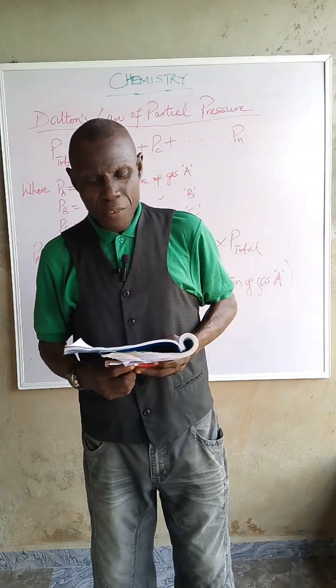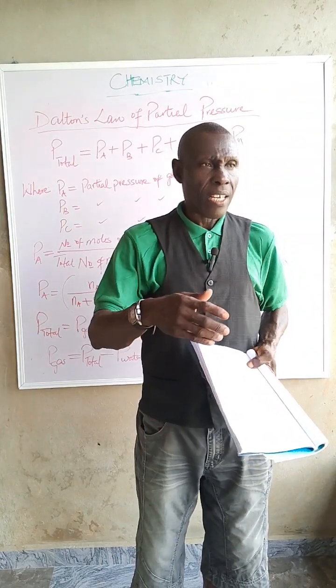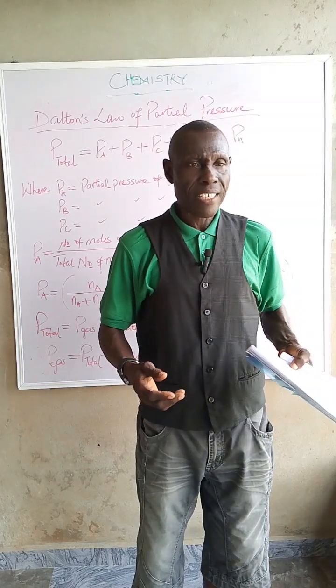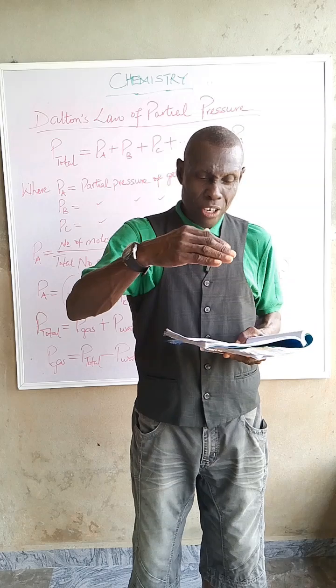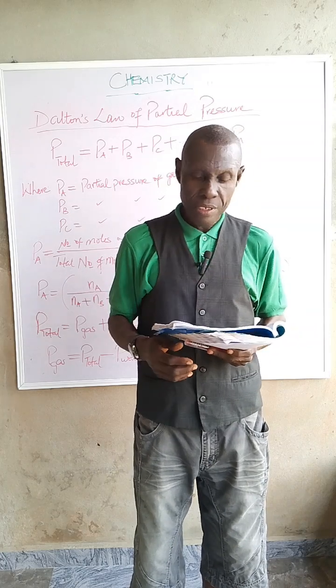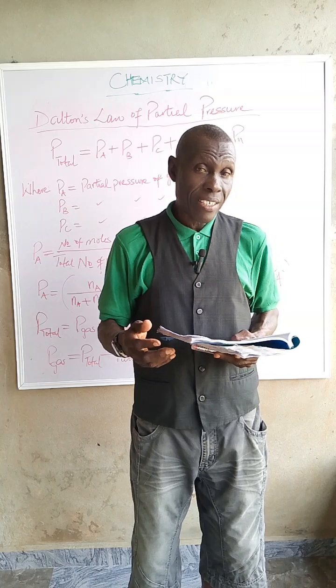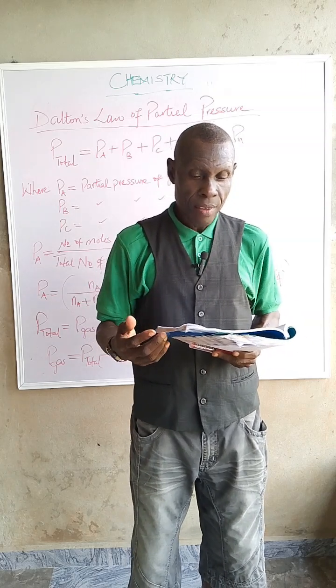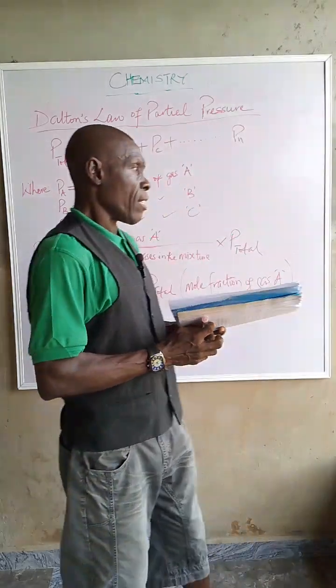Now, if a gas is collected over water. Sometimes we see hydrogen or carbon dioxide collected over water. So if a gas is collected over water in the preparation, most likely it will have some water vapor that will saturate it. If that happens, how could the pressure be determined? Look at it here.